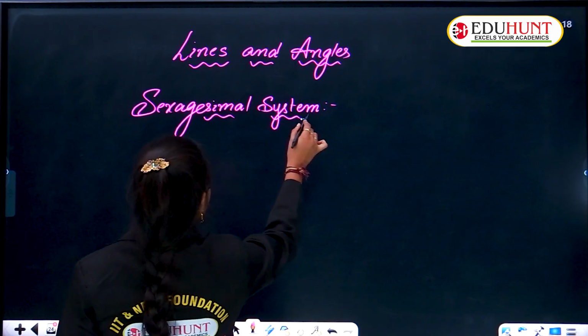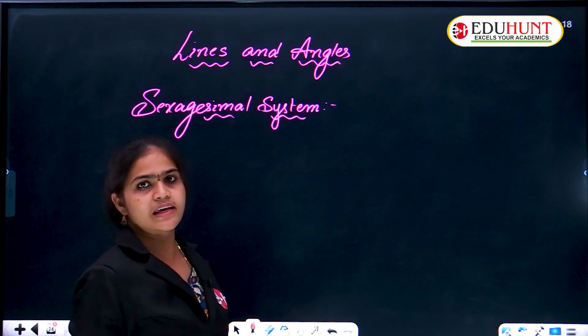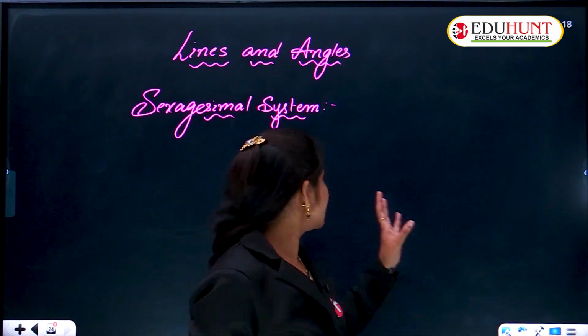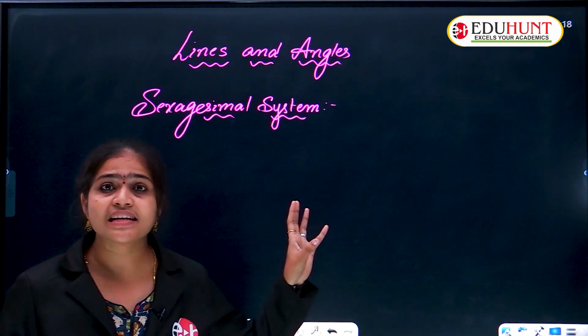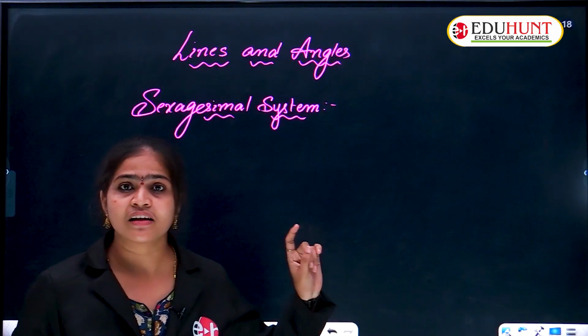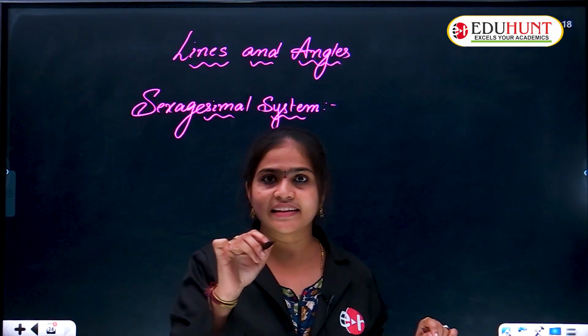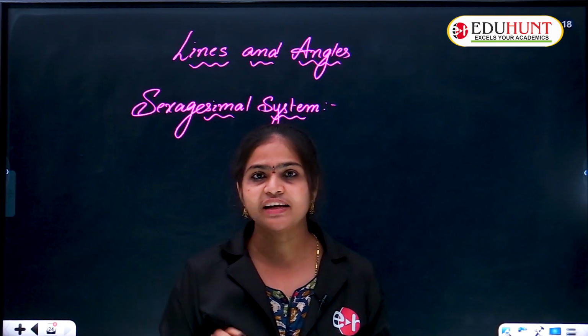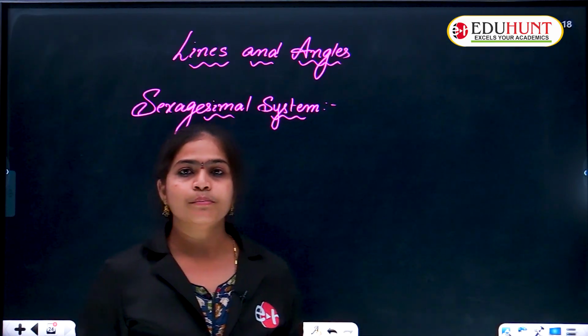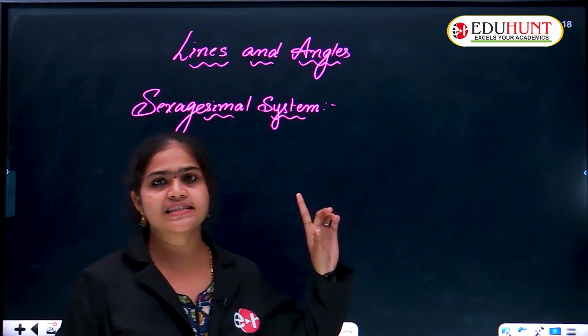Actually, we also have the circular system, where angles are measured as grades, and in the same way radians. But generally we follow the sexagesimal system.